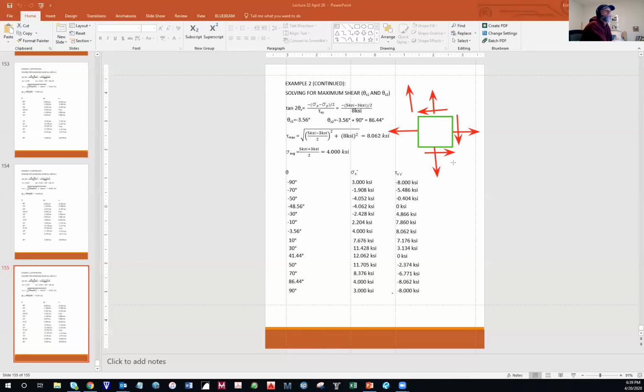But the material is feeling this stuff all the time in every direction to varying magnitudes. And whichever direction the material is weakest in, and that's just a function of the material, that's the direction the material will fail at.